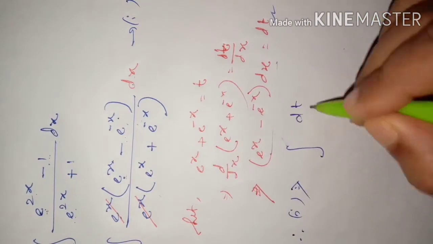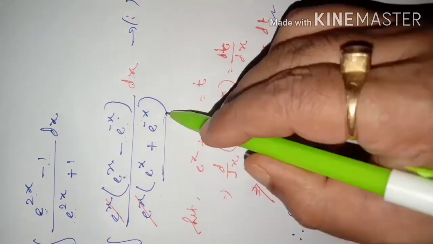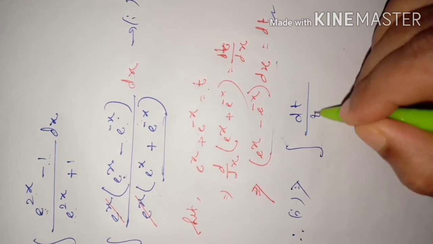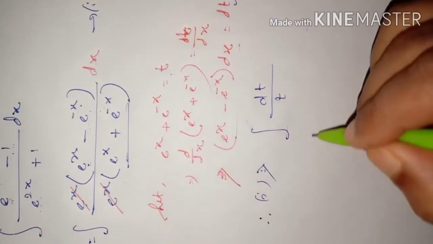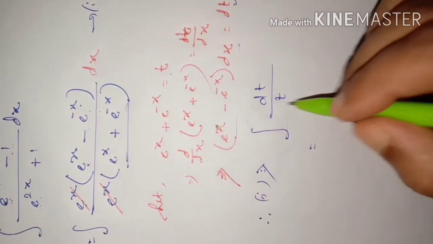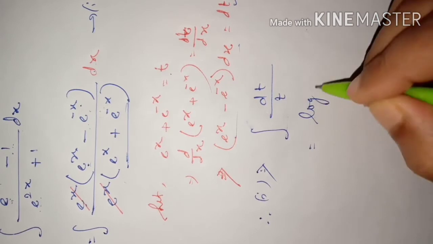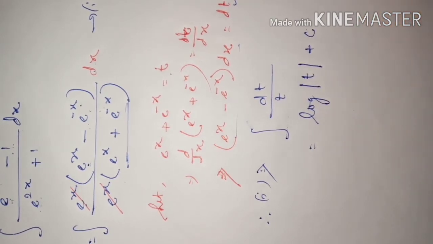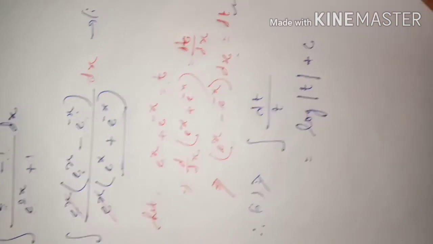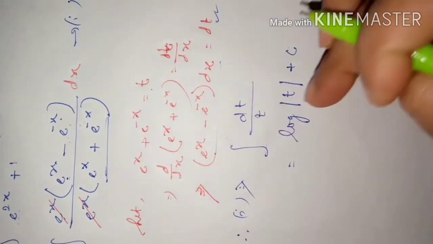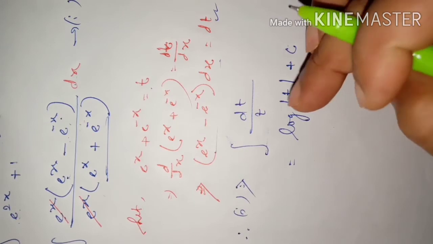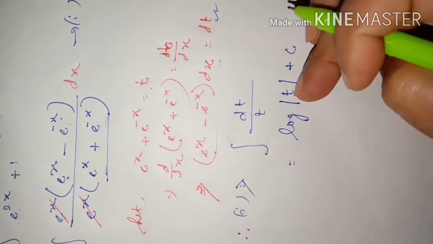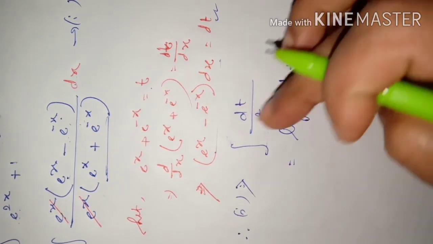So it will be dt over this whole thing, which is t. Then the integration of this one will be 1 by t, which is log of t plus c, because the antiderivative of 1 by t is log of t, because the derivative of log t is 1 by t, no?